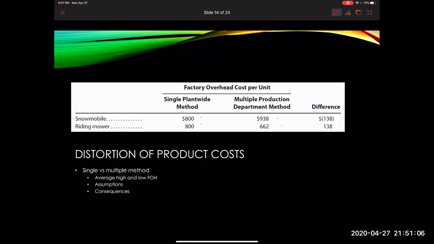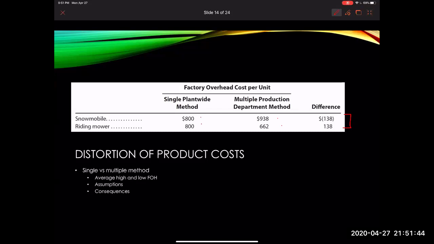So let's talk about how all of this happened, right? This is why it's very important to take a real look at how each product consumes factory overhead, right? Because we realize that the snowmobile requires more time in the fabrication department than the riding mower, right? In our example, what we see in comparing these two methods is the snowmobile is not allocated enough cost, right?